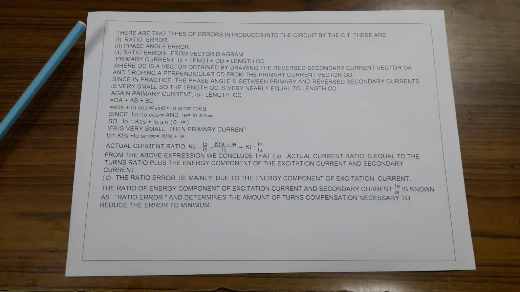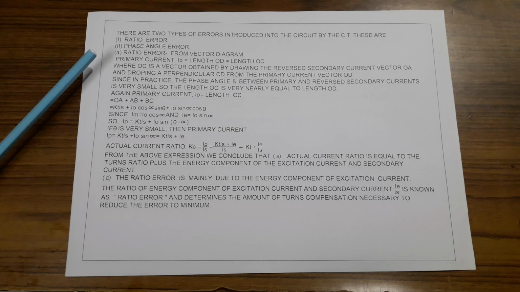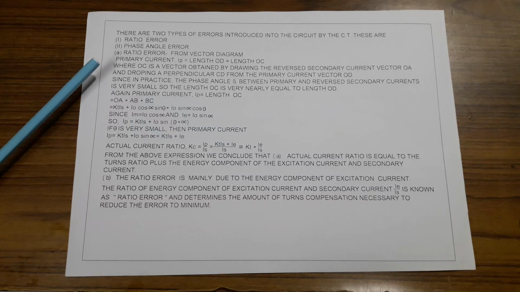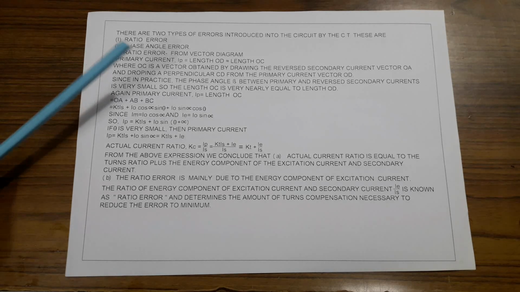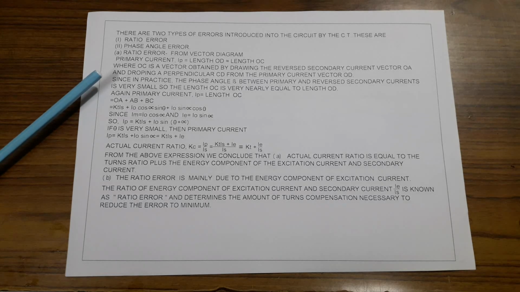There are two types of errors introduced into the circuit by the CT. These are ratio error and phase angle error. Ratio error: from the vector diagram, primary current IP is equal to length OD, approximately length OC, where OC is a vector obtained by drawing the reverse secondary current vector OA and dropping perpendicular CD from the primary current vector OD.